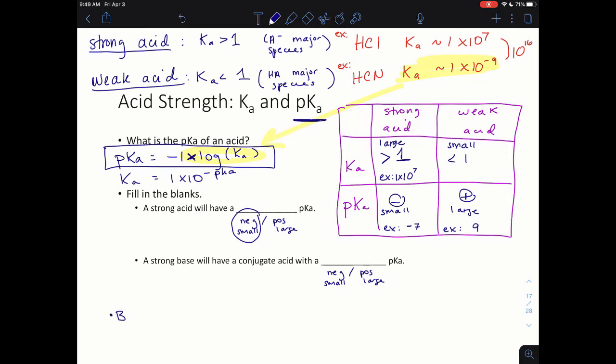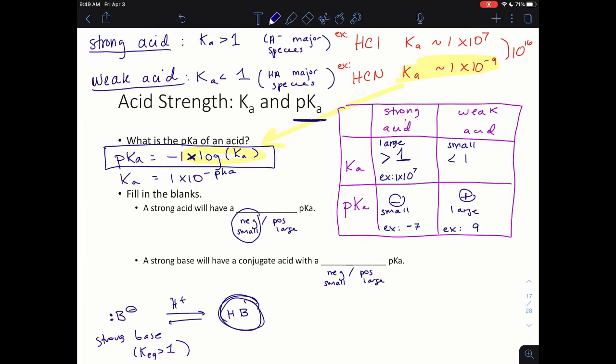Think about that. A strong base will have a conjugate acid with what type of pKa? So this is a strong base. Then that means that it's going to accept a lot of hydrogen ions, right? That means that this equilibrium constant here is going to be greater than 1. This side is favored at equilibrium.